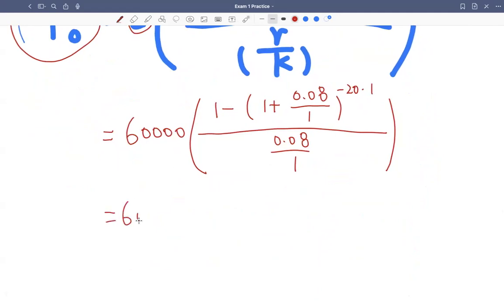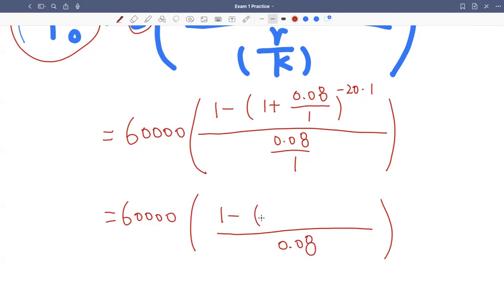Leave 60,000 on the side. If we cannot put all the data into the calculator in one shot, we do it step by step. We still have this fraction inside parentheses. The denominator is 0.08 divided by 1, and anything divided by 1 is itself, so that's 0.08.